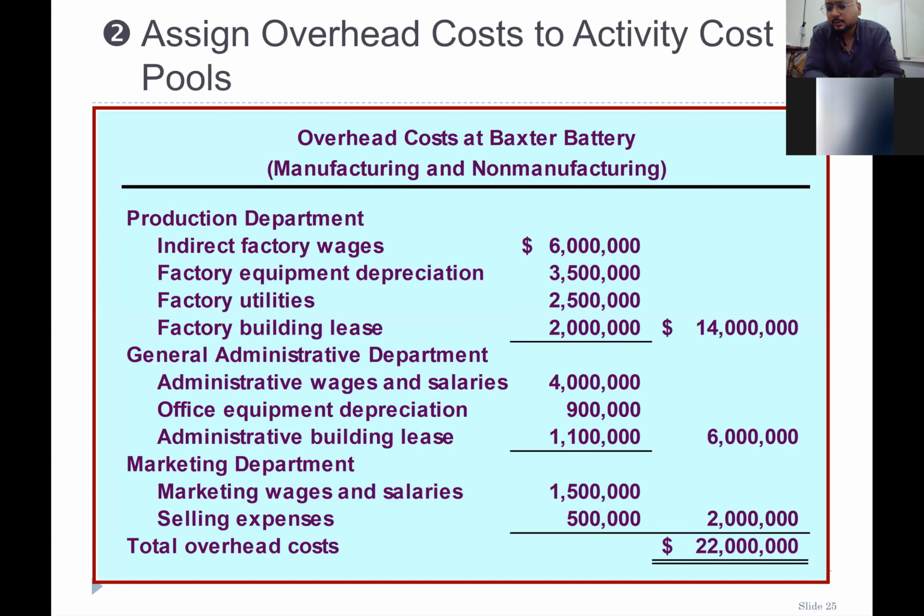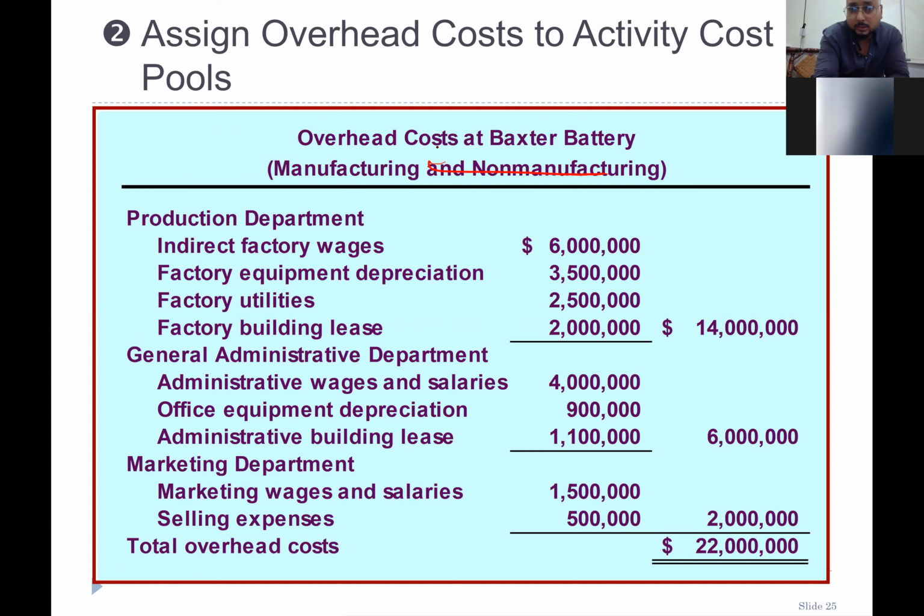Throughout this chapter, we will be going through the Baxter Battery example. You see we have a manufacturing and non-manufacturing cost rate. Remember, direct material and direct labor are the same because they are easy to calculate, right? Things happen when we have manufacturing overhead.